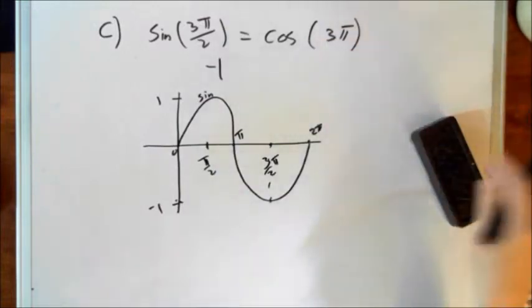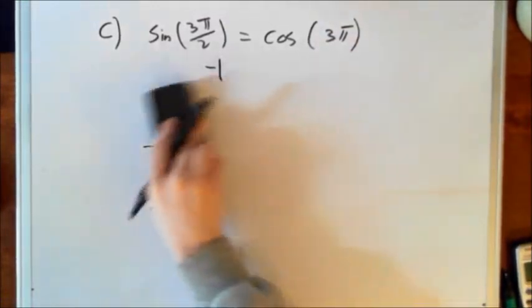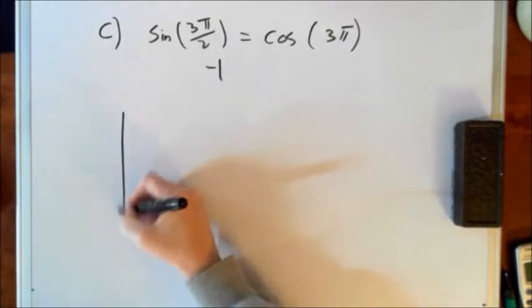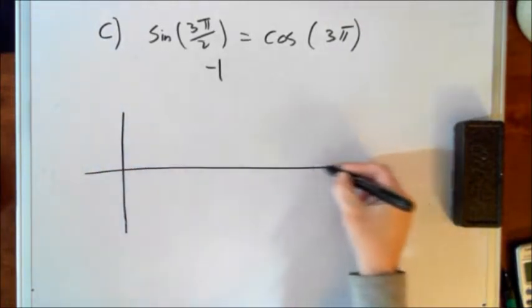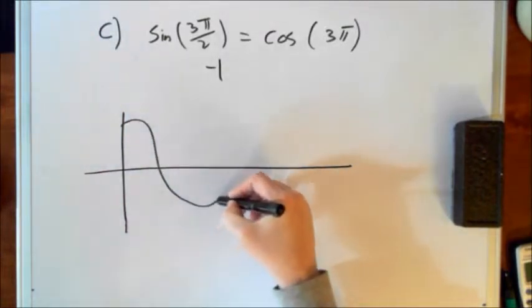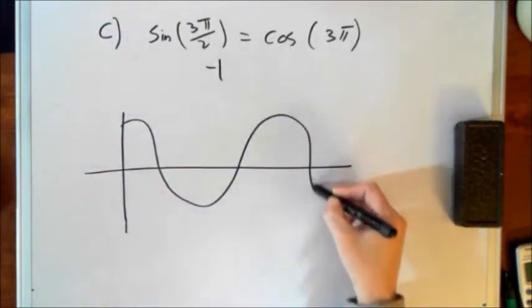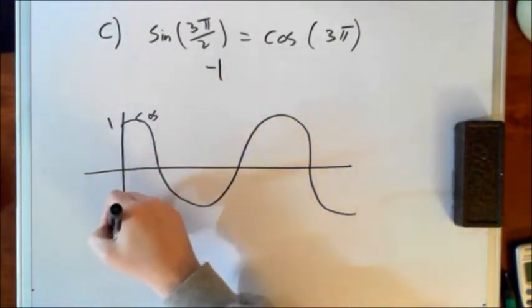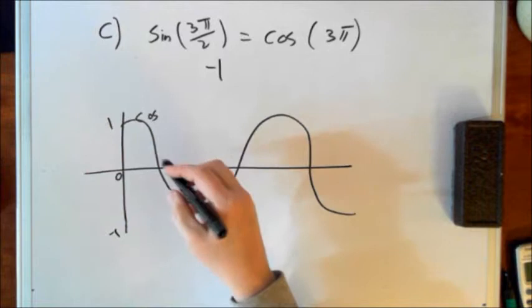Now let's look at cosine of 3 pi. So let's graph cosine. So this being cosine, +1, -1, 0.